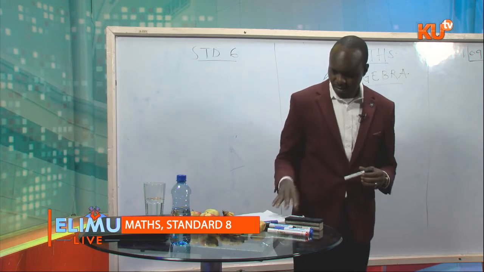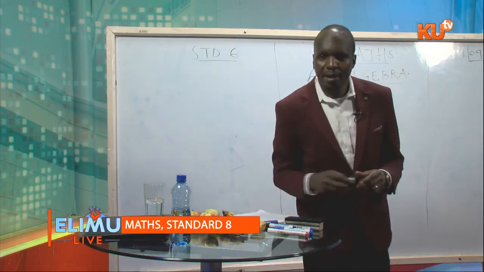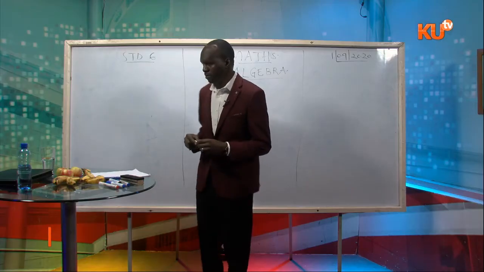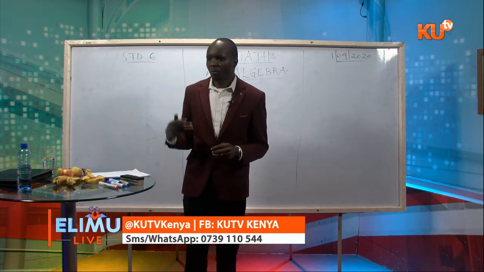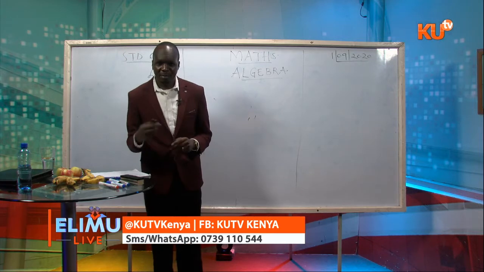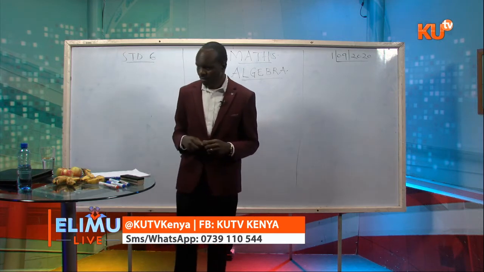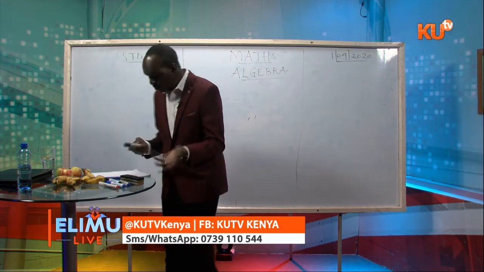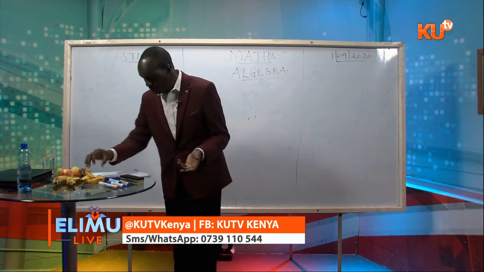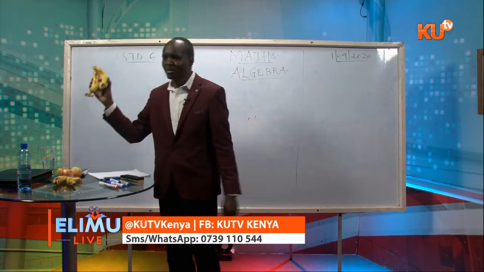All right. When we talk about algebra, we simply talk about numbers combined with alphabetical letters. With me here, I have my teaching aids. For example, on my right hand, I have 2 bananas.